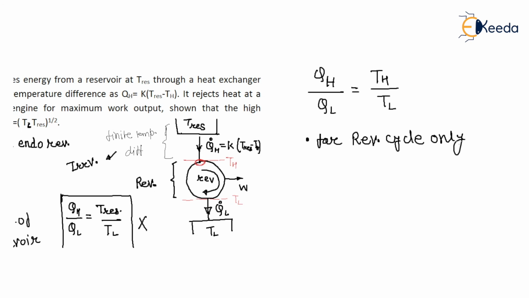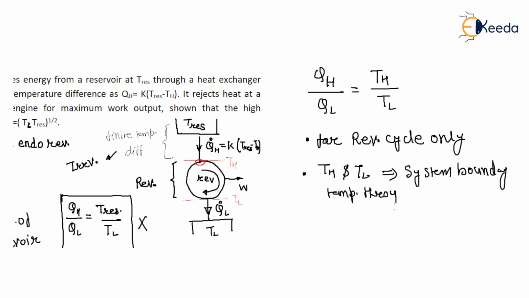Number second, the TH and TL are only the system boundary temperatures through which heat is transferred.